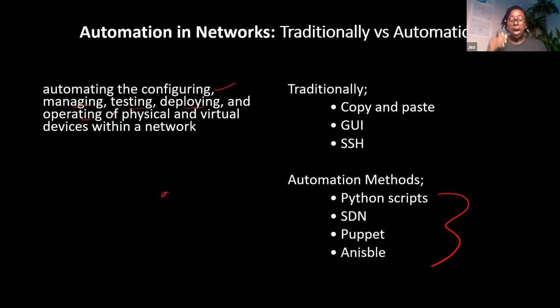Right. So when you go out into the real world and you start working in the IT department, specifically in the networking department, you will see that a lot of companies, I'm going to say 80 to 85% of companies in the world, are using some type of automation method.